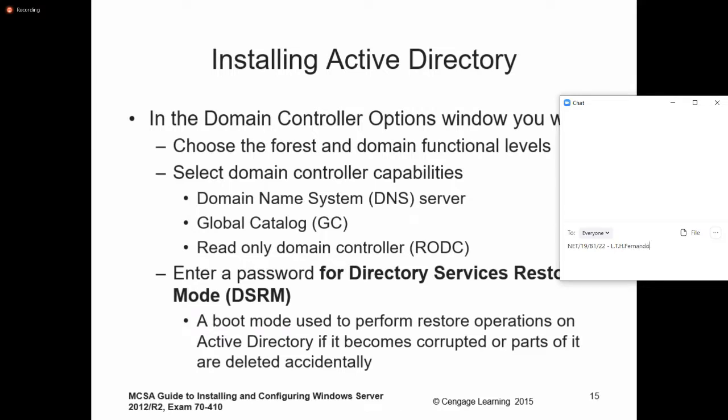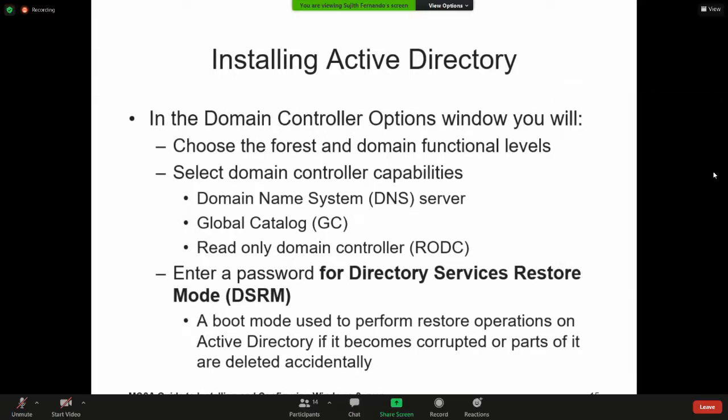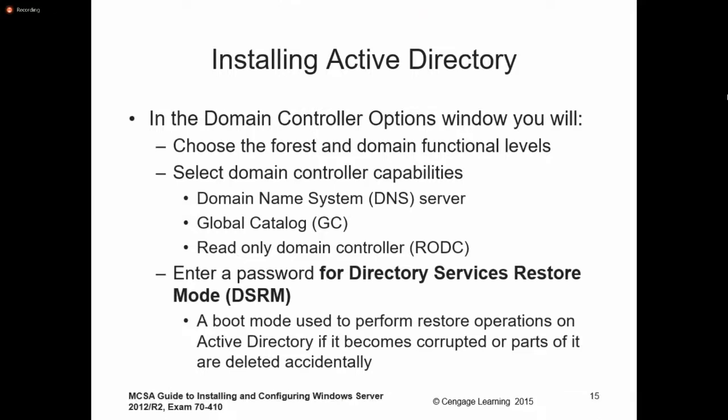Global catalog means, as the name says, it's global. So the contents of Active Directory and all the contents that the domain needs to function as a single unit will be synchronized or copied, right?